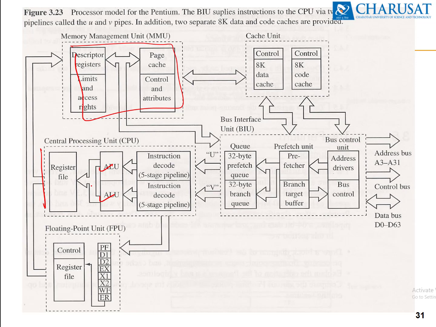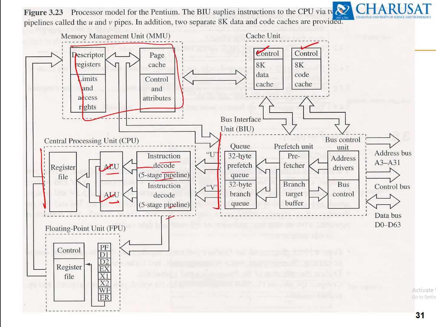Two different instruction pipelines are supported, meaning two ALUs were supported. So multi-ALU support started from Pentium architecture, and each ALU has a different five-stage pipeline. In the 486 there is only one cache unit, and from Pentium onwards they have separate caches for data and instructions.